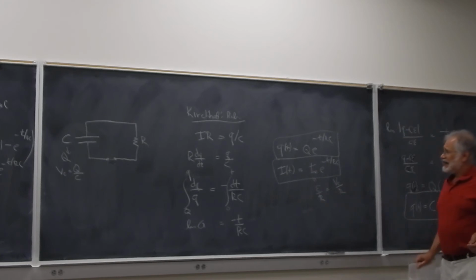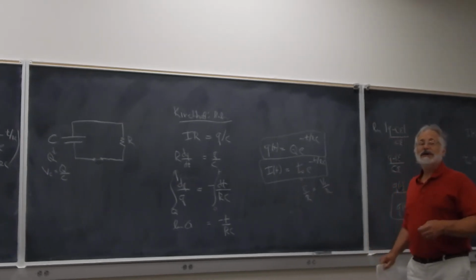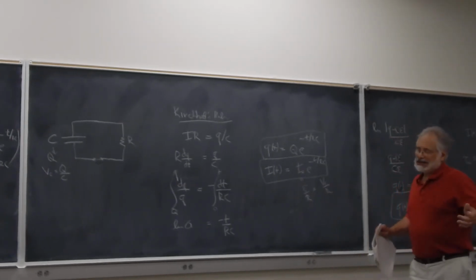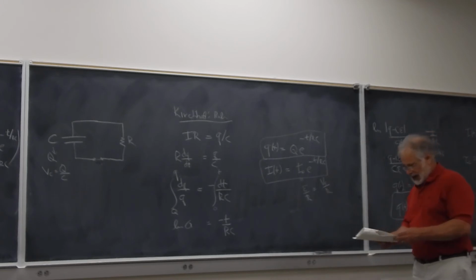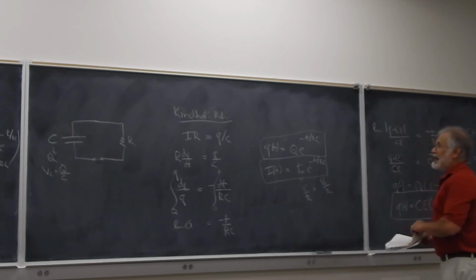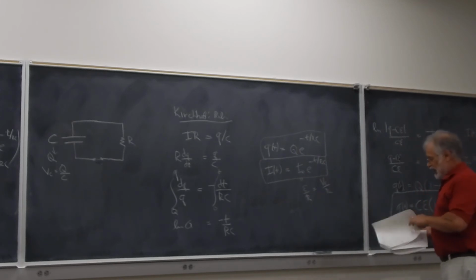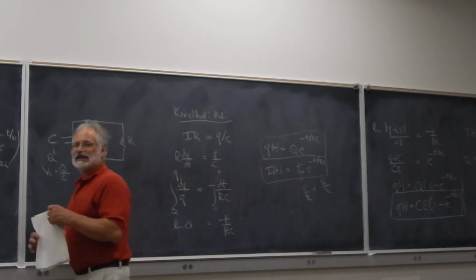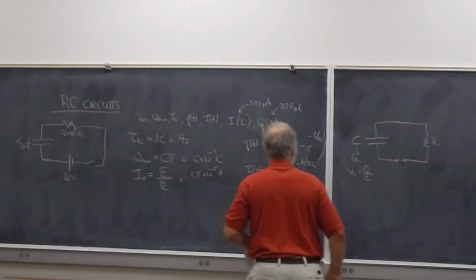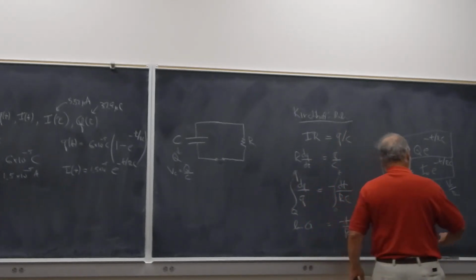It's dissipated as joule heating through the resistor, possibly through the wires as well, but generally through the resistor. And we can talk about that by examining the energy in a capacitor. There are a couple of ways to do it. One is fairly straightforward. Another way is maybe a little bit more elegant.